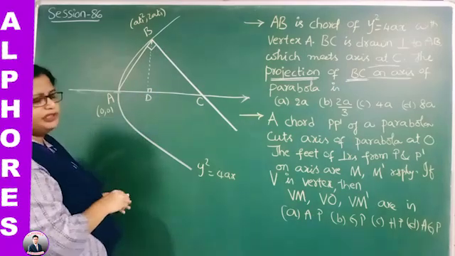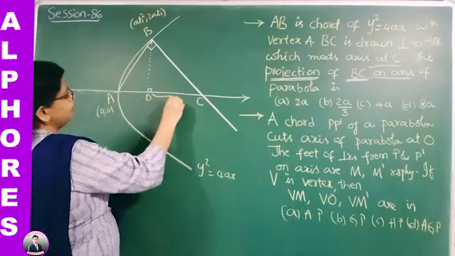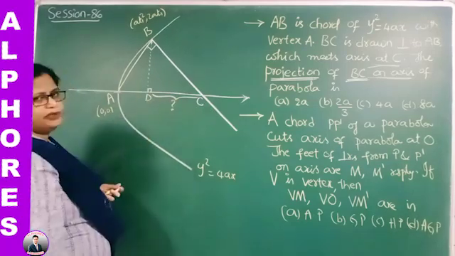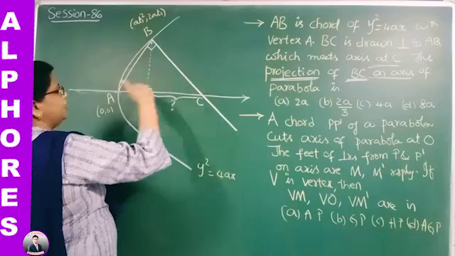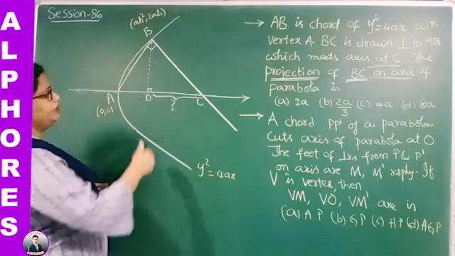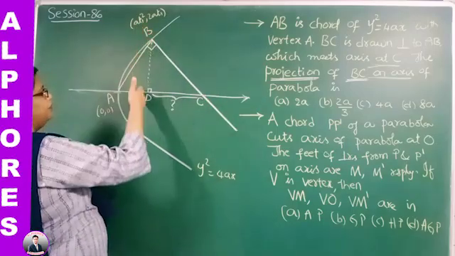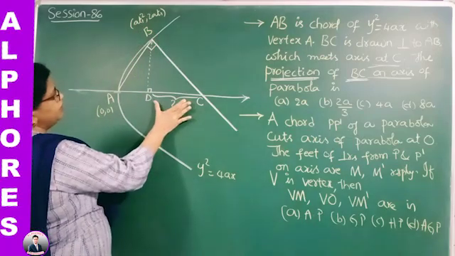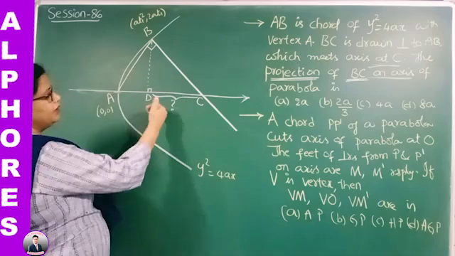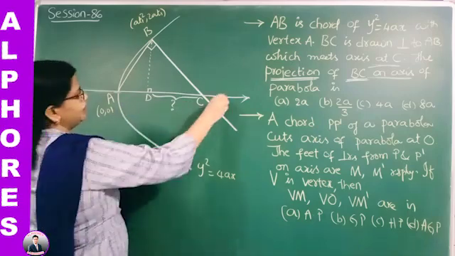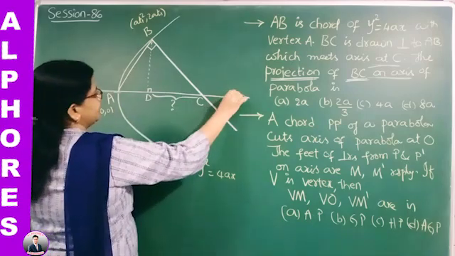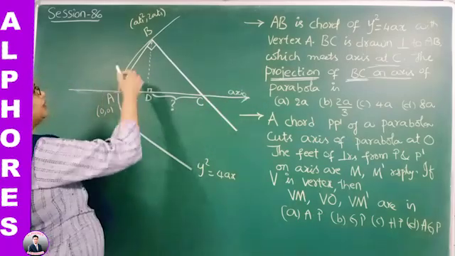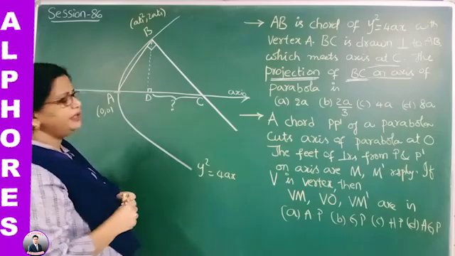So what is the projection here? The projection is simply this part, and this is our requirement. To find the projection of BC on the axis of the parabola, drop a perpendicular from B onto the axis, and this length is our projection. Here the axis is nothing but our x-axis. It is based on the diagram only, nothing else.